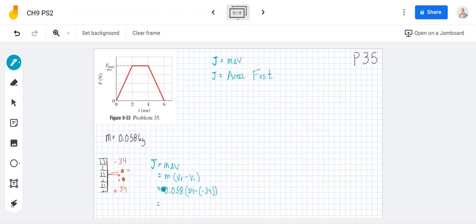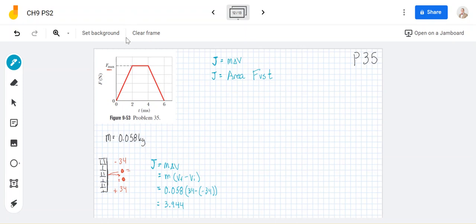Plug it in the calculator. So I got 3.944 is my impulse.